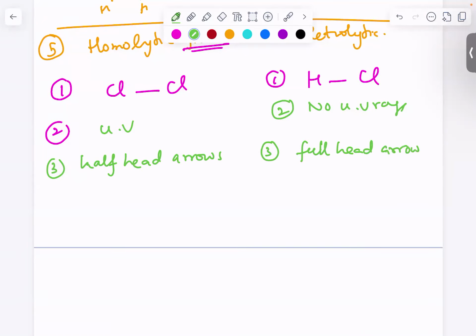Here it is arrow, and here arrows. Now let me show it. Cl-Cl would have two half-headed arrows. And for HCl, there would be partial negative, partial positive, and a full-headed arrow.